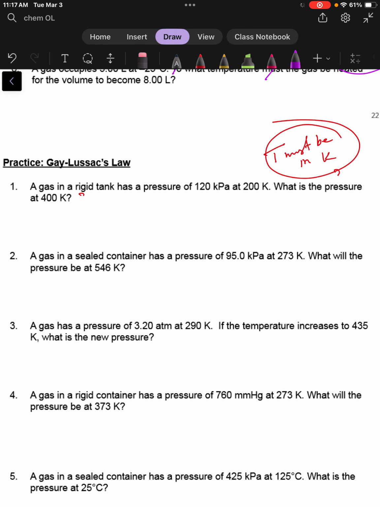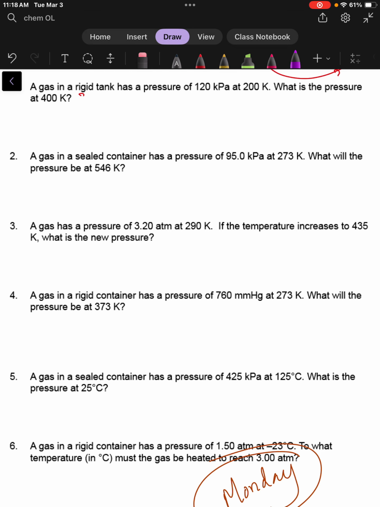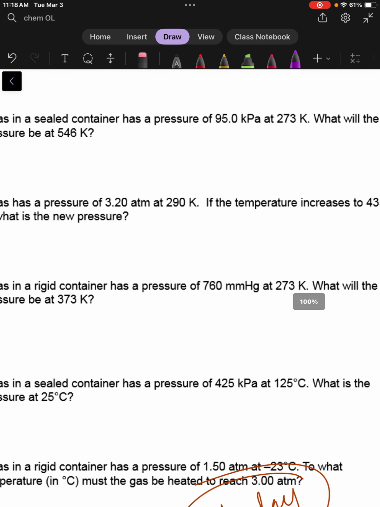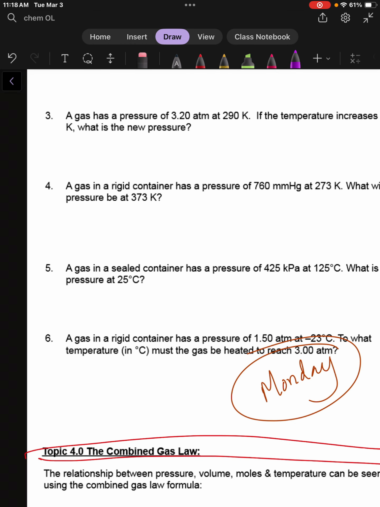Okay, then Gay-Lussac, here also we know that temperature must be in Kelvin. I'll go pick one question which has degrees Celsius in it. There is one here, maybe I'll do number 6.